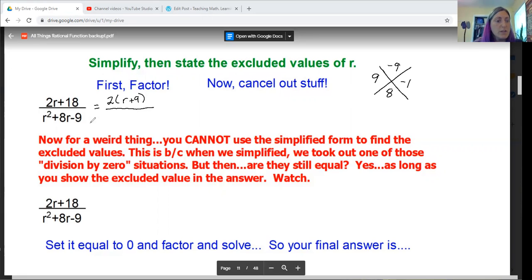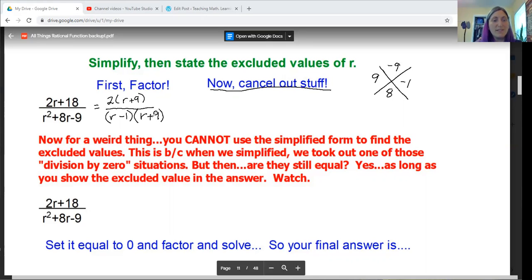Nice. Okay, so this factors into, because it has no leading coefficient, we can put it straight into its factor brackets here. This is r minus 1 times r plus 9. Aha! Now we're at this stage. Cancel out stuff.